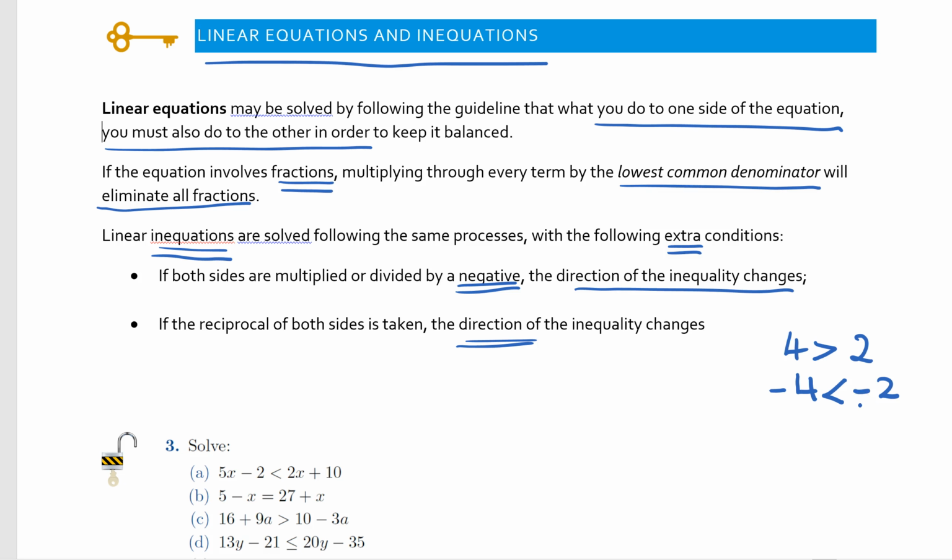Likewise, again as a simple example about the reciprocal, we know for example that a third is less than a half. Now if I take the reciprocal of both sides, I flip this one upside down and I flip this one upside down, clearly now 3 is greater than 2.